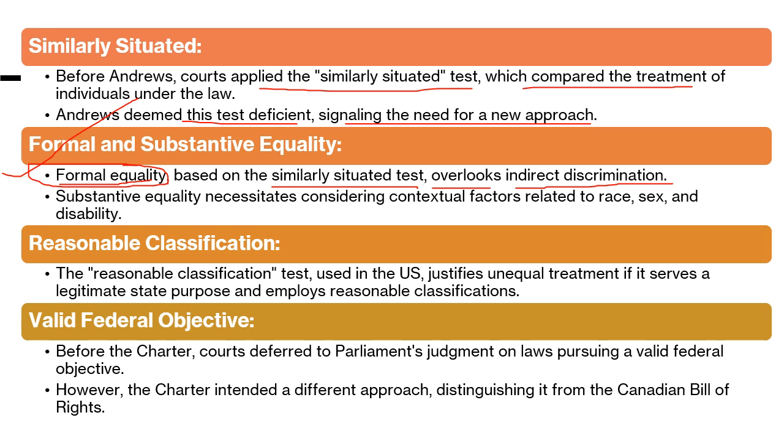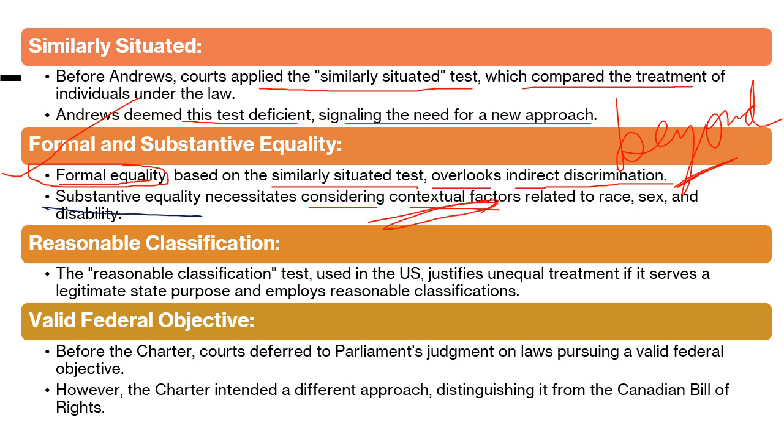But when we talk about substantive equality, it necessitates considering other factors related to race, sex, disability. So it goes beyond mere formal equality. It considers actual outcomes and the impact of laws and policies. So the focus is on achieving equitable outcomes.